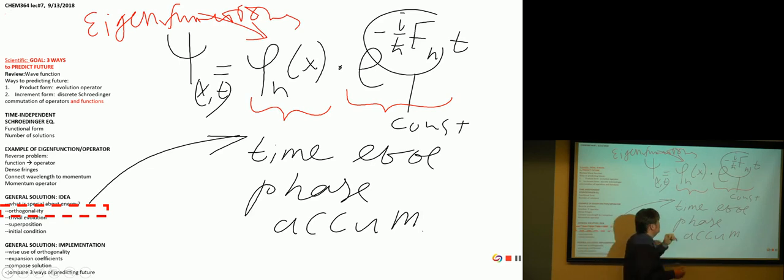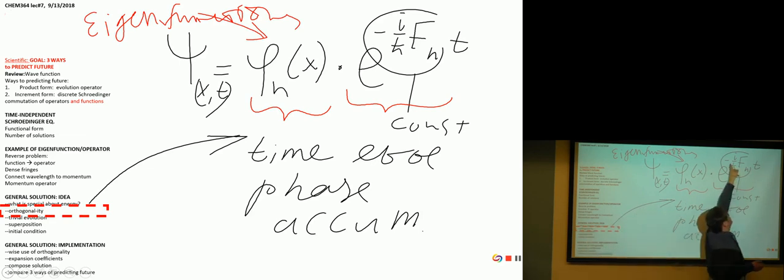And later on, we agreed that it is energy multiplied by this constant. I don't remember if I highlighted it well enough, but the energy that comes into this oscillating factor is always the energy that is extracted from the time-independent Schrödinger equation.